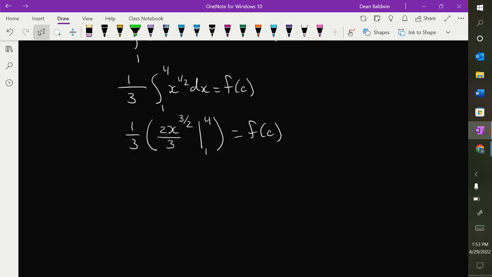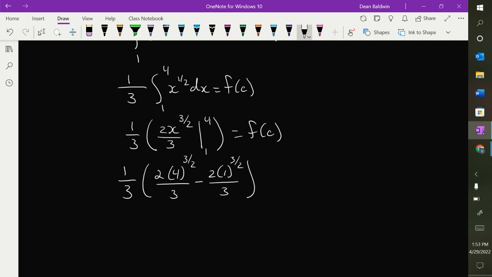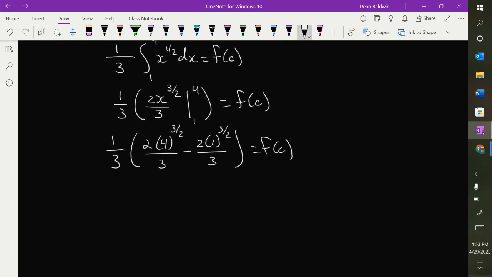So 1/3 leave out. I put the 4 in: 2/3 x to the 3/2, that is, 3/2 over 3. Put the 1 in. Equals f of c. 4 to the power of 1/2 is the square root, so the square root of 4 is 2. 2 cubed is 8. 8 times 2 is 16.